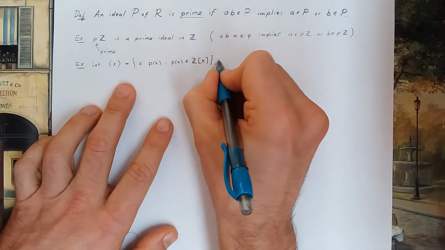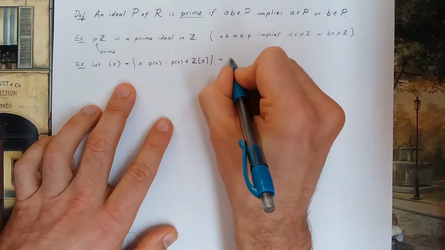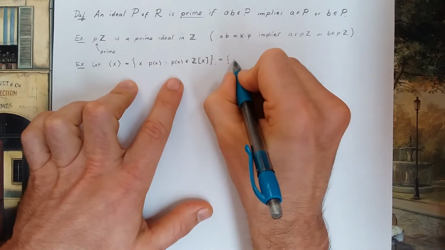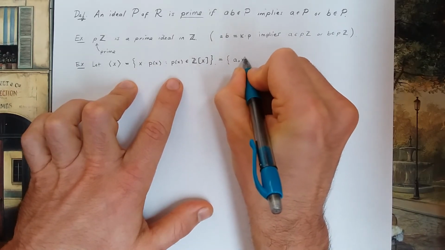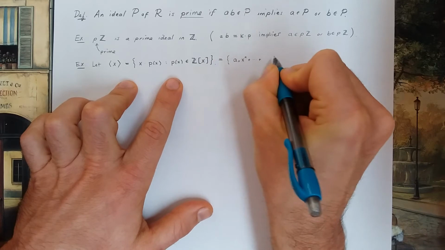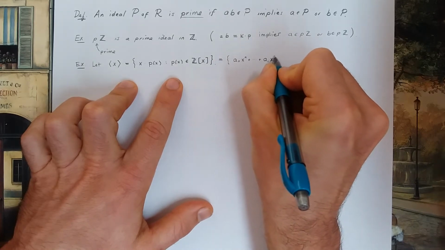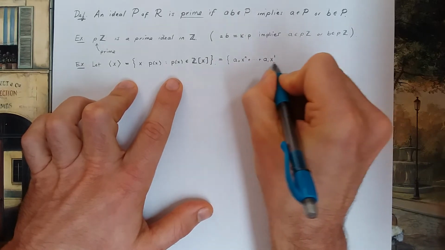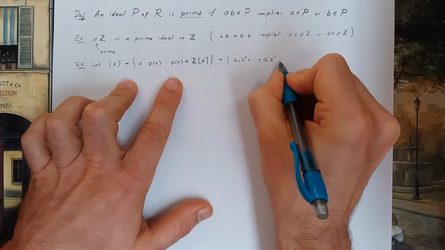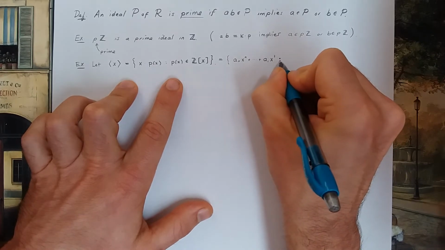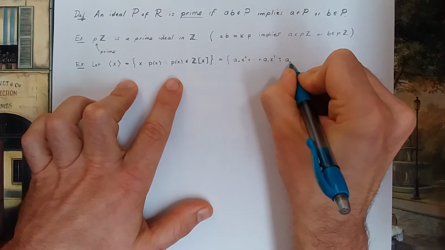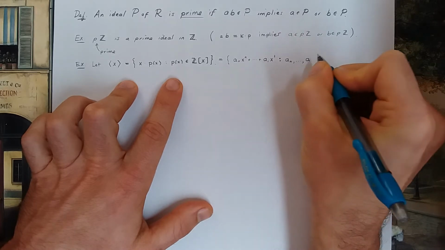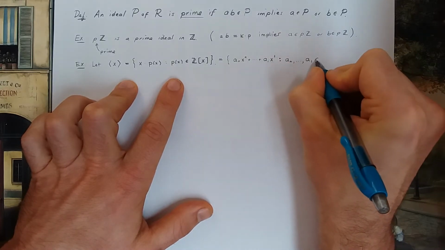If you think about it for a second, this is the set of polynomials that look like a_n x to the n up to a_1 x to the first, plus no constant term. So I'm not going to write down a constant term. That's where the coefficients of your polynomial are integers.